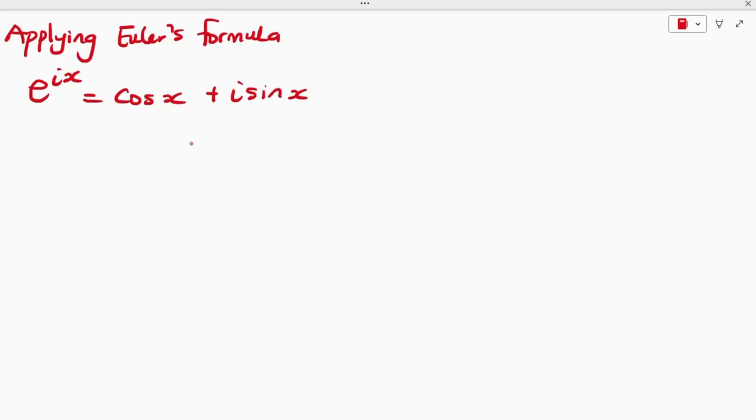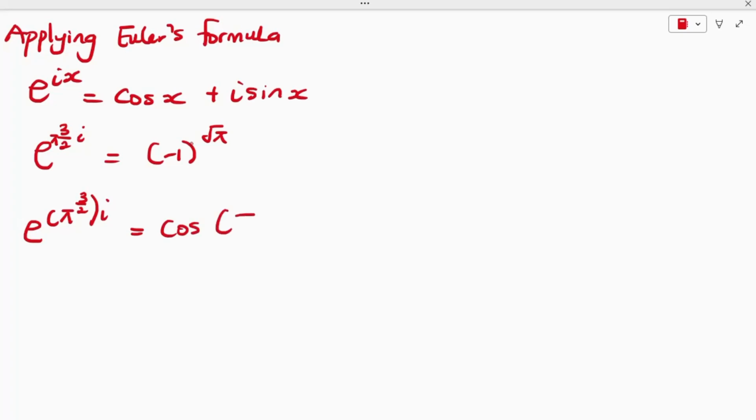So this is the formula right here. Applying this, e raised to the power of pi to the 3 over 2, i is equal to cos of pi raised to the power of 3 over 2 plus i sine of pi raised to the power of 3 over 2.